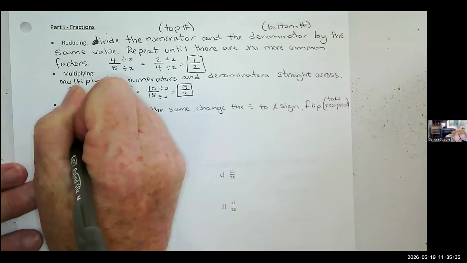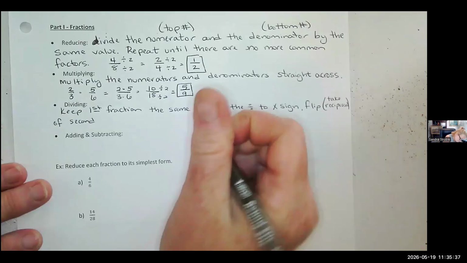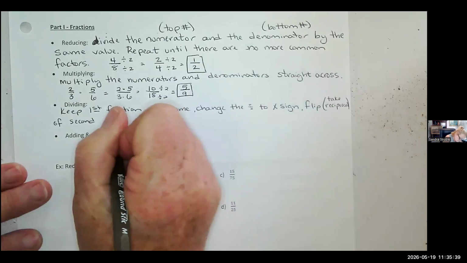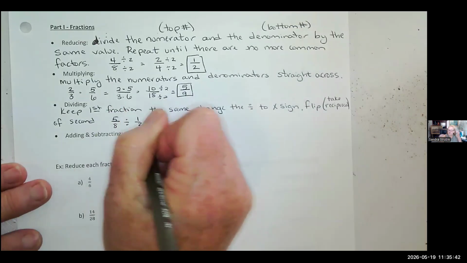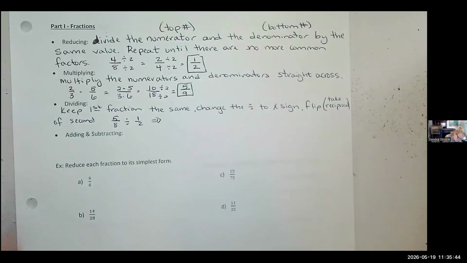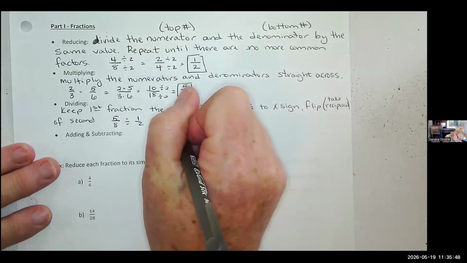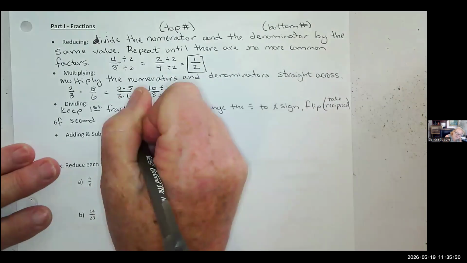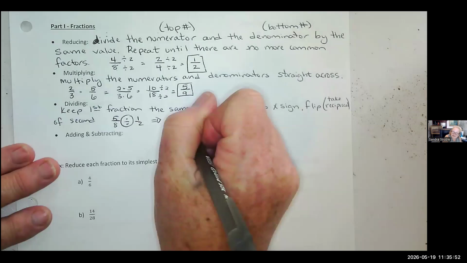If you have 5/8 divided by 1/2, you can't just divide. You have to keep the first fraction the same, change the division to multiplication, and then flip or take the reciprocal of the second fraction.